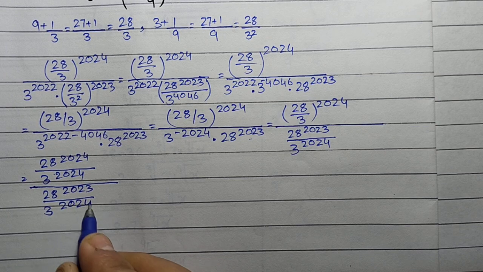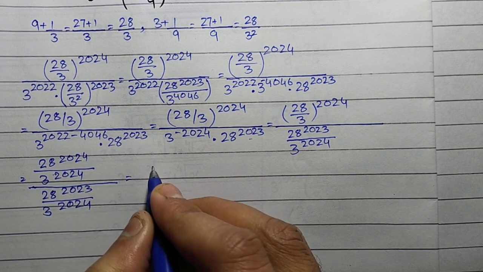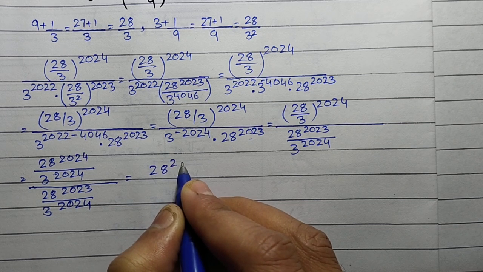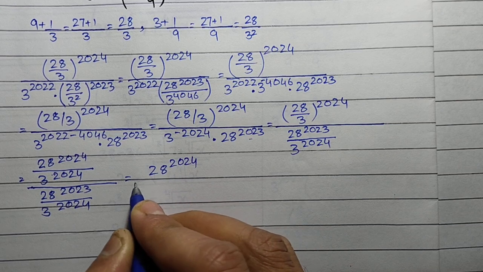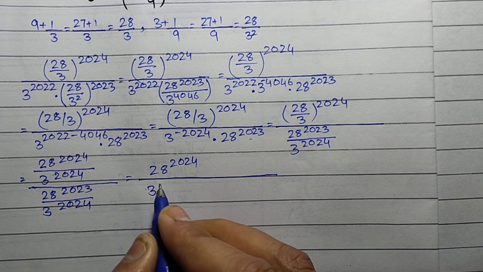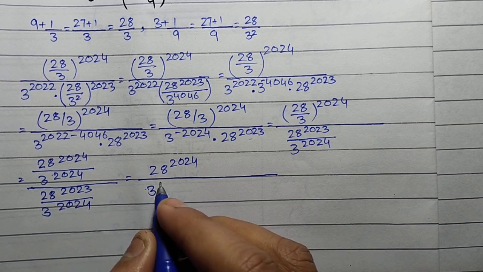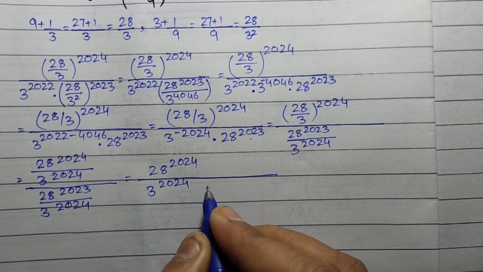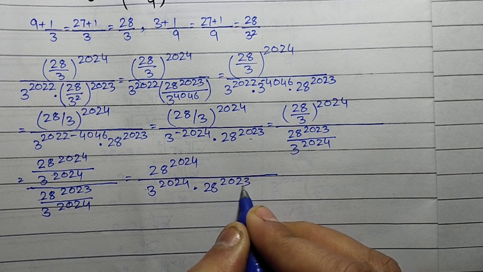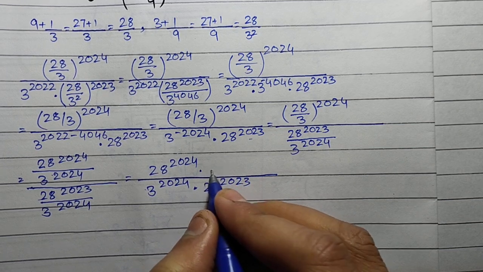Now this will be taken on the upper side and this 3 raised to power 2024 on the lower side like this: 28 raised to power 2024 over 3 raised to power 2024 times this 28 raised to power 2023 and this 3 raised to power 2024 on the upper side like this.